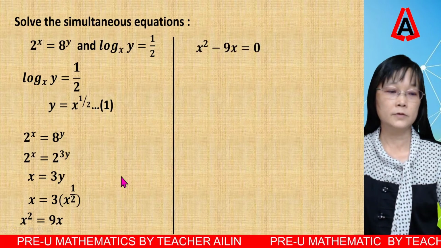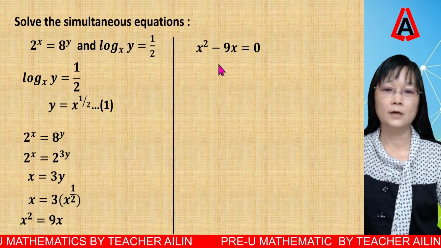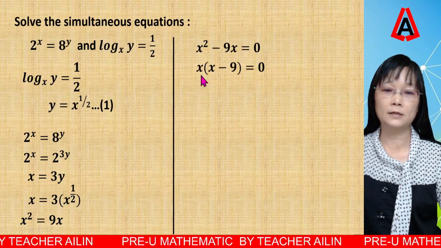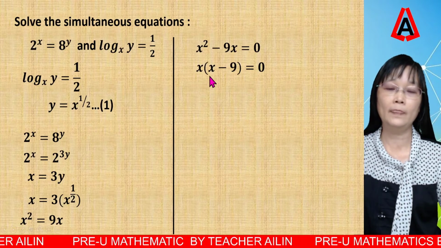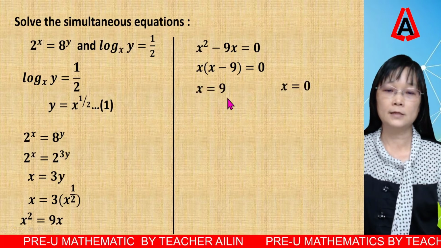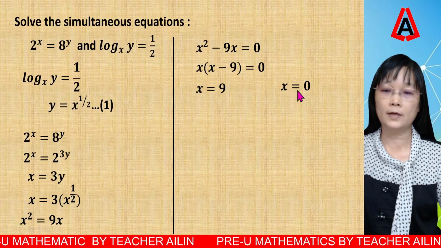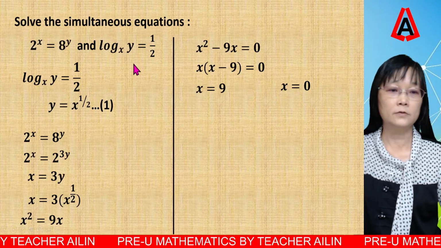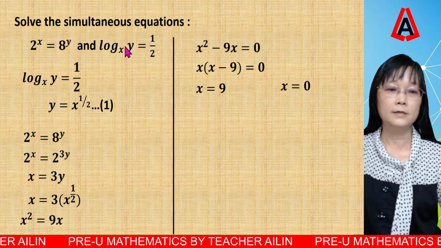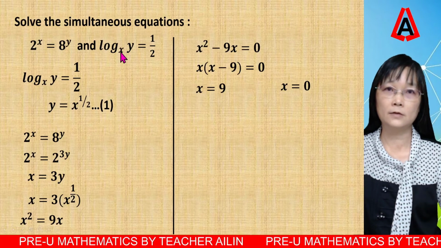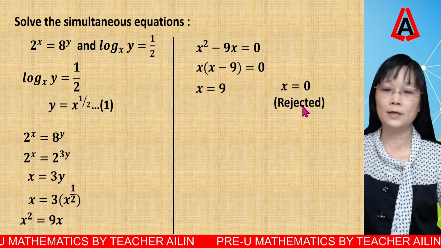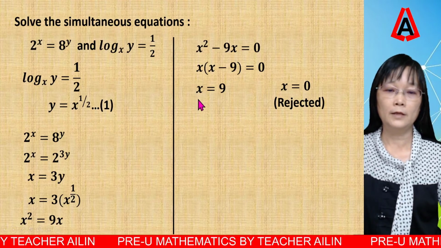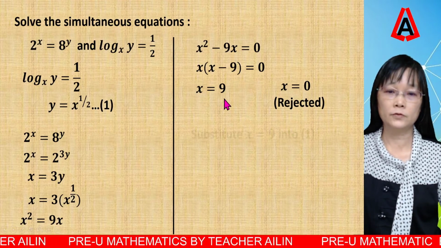Now to solve this equation, first I shift all the terms to the left hand side and do the factorization, and I found that x is equal to 9 and also x is equal to 0. But when x is equal to 0, the logarithm with base 0 is undefined, so x equals 0 is rejected. So we only accept x is equal to 9.